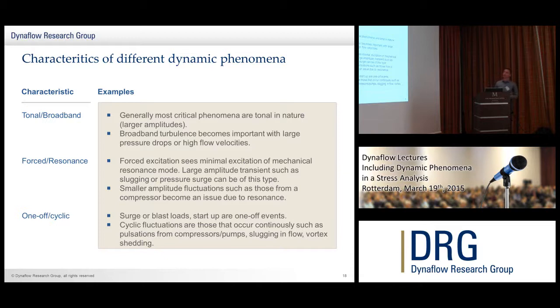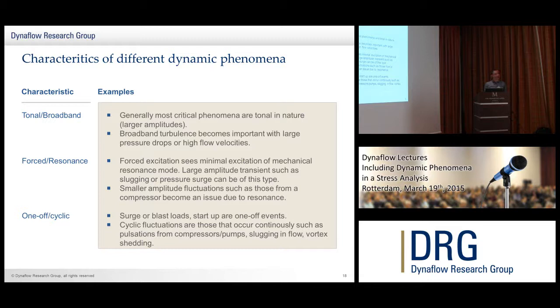Okay, so just to group those different types of characteristics, saying tonal or broadband. So is our dynamic event spread over a wide range of frequencies? Is it broadband? Or is all the kinetic energy concentrated at one frequency or a number of frequencies? Okay. Forced response: is our flow-induced vibration exciting a mechanical resonance mode?